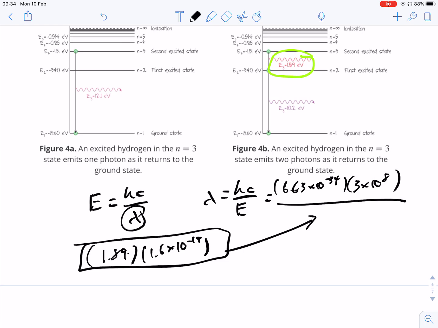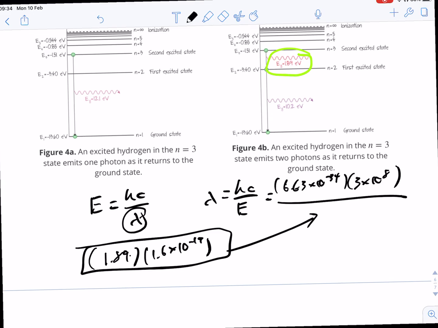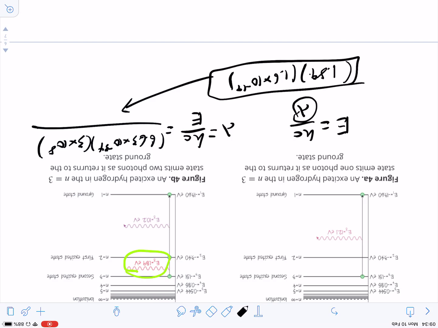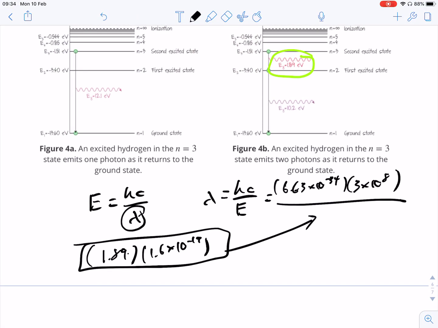Right, let me make a quick little calculation there to see what we might get. Okay, so we got 6.63 times 3 divided by 1.89 divided by 1.6.